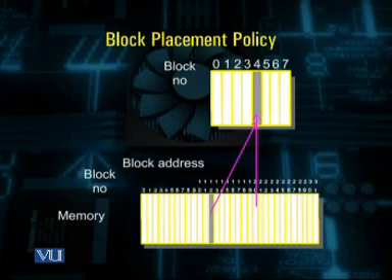Similarly, 20 mod 8 is also equal to 4. Therefore, both the block number 12 as well as the block number 20 will be placed at only one location, that is the block number 4 in the upper level memory.